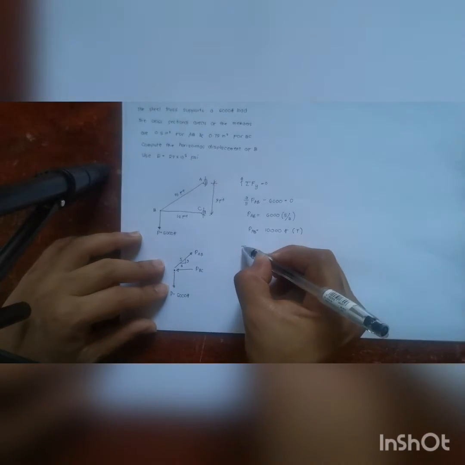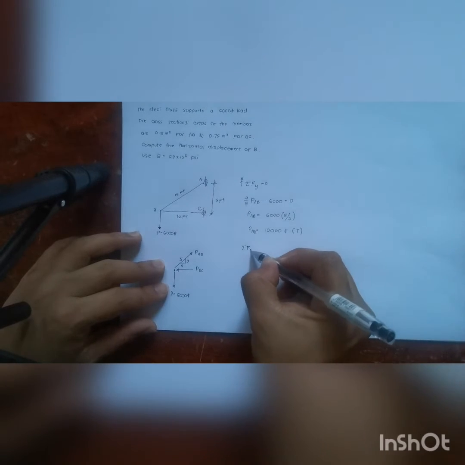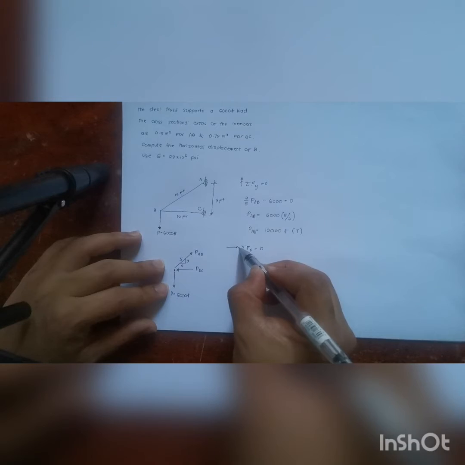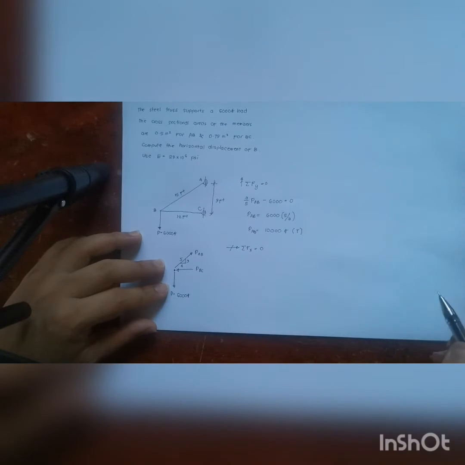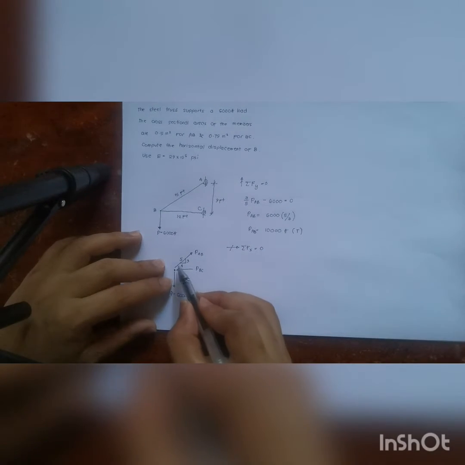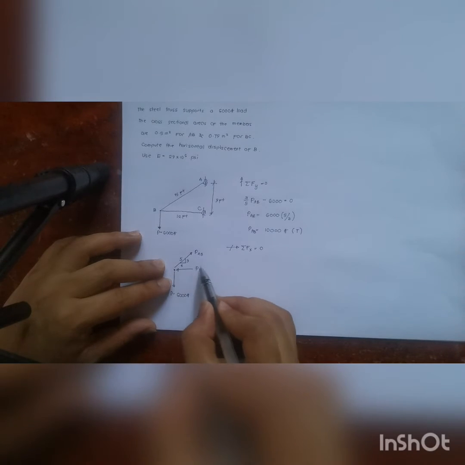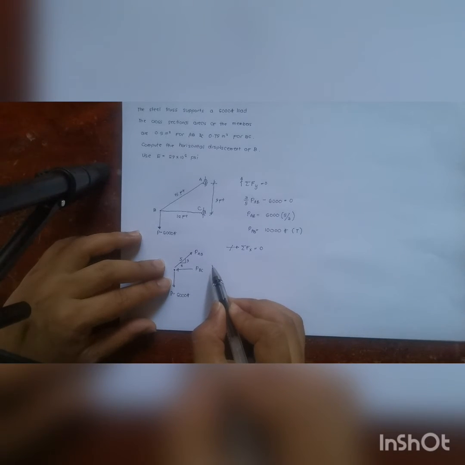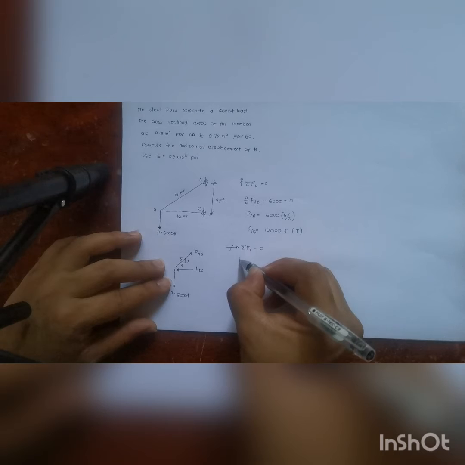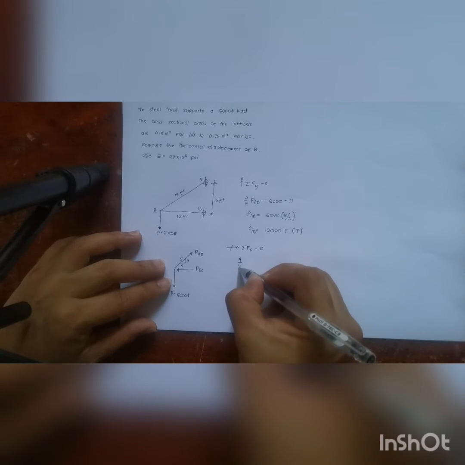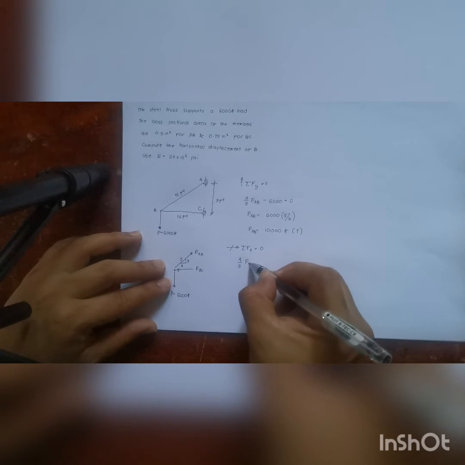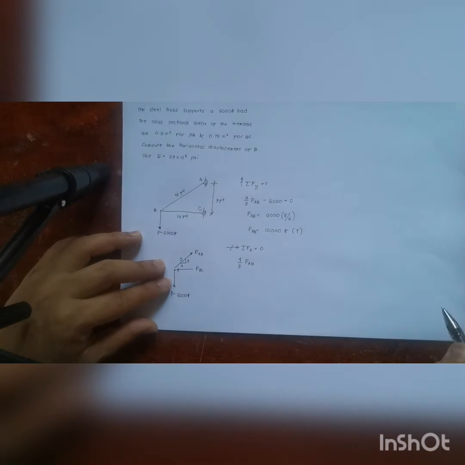And then, taking summation of forces along horizontal, or X, equivalent to 0. Taking to the right forces are positive. Yung horizontal component in member AB is going to the right, therefore positive. Ano yung horizontal component? 4/5 of PAB.